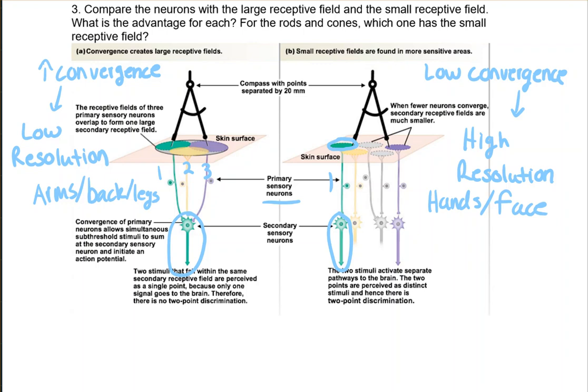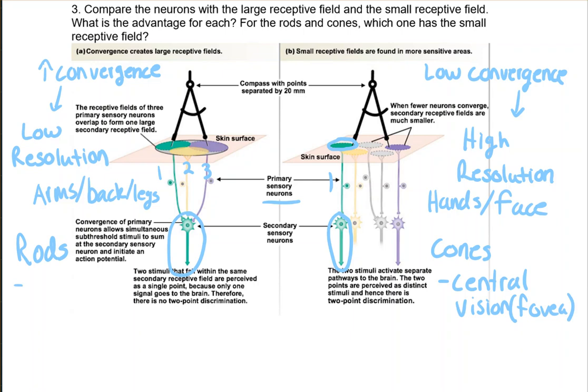Now, the way this is related to the visual system is over here, this would be rods, and over here, this would be cones. But more specifically, this is our central vision, which is the fovea. And over here, this is our peripheral vision.